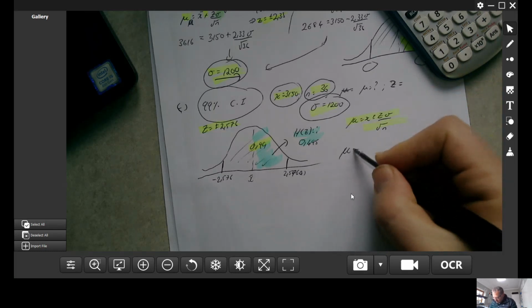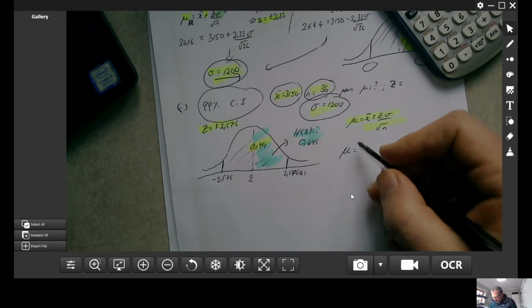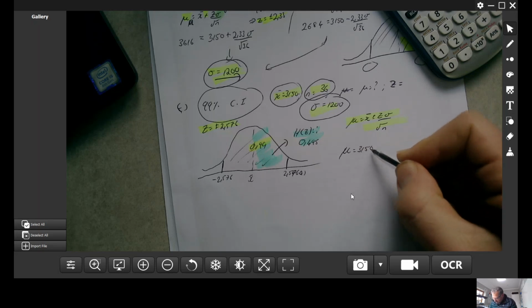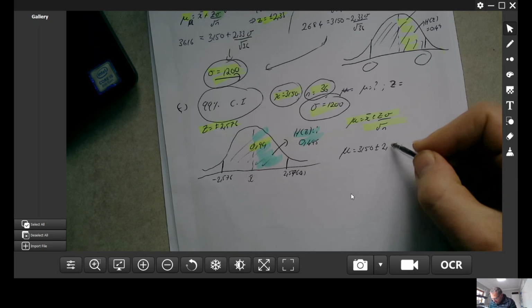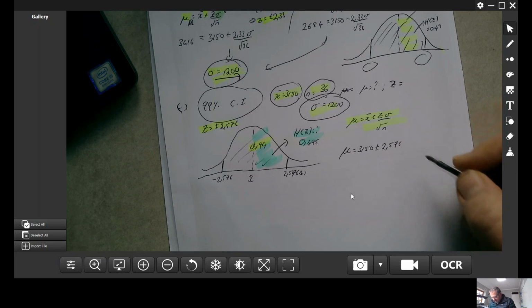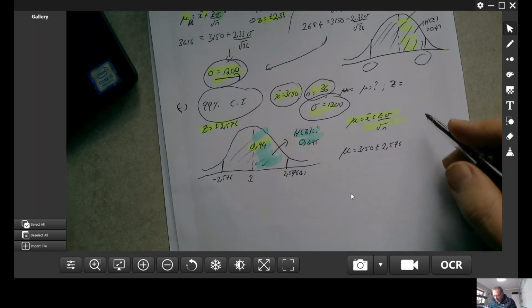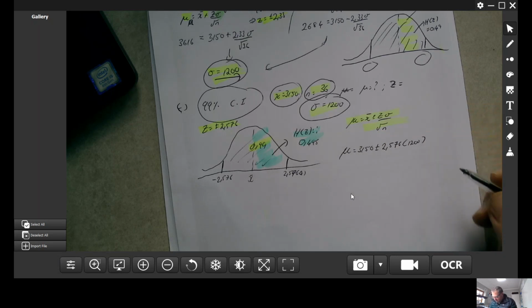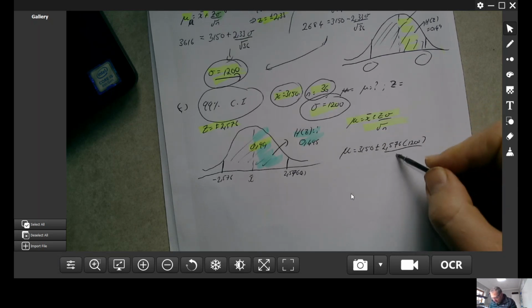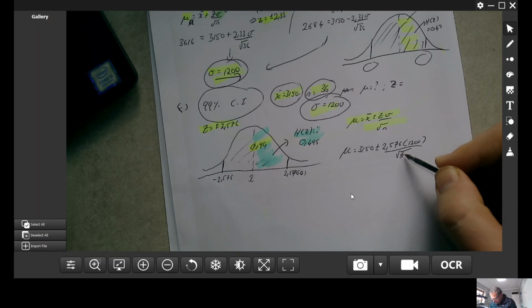So mu is going to be equal to x bar, which is 3,150, plus minus Z, which is 2.576, times sigma, which is 1,200, over root n, which is root 36, or you can just write 6.